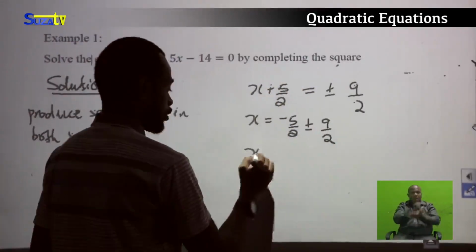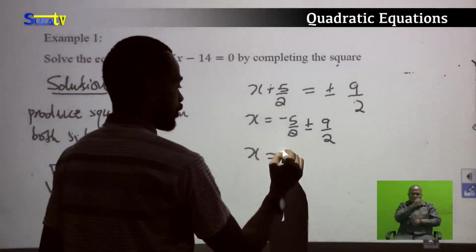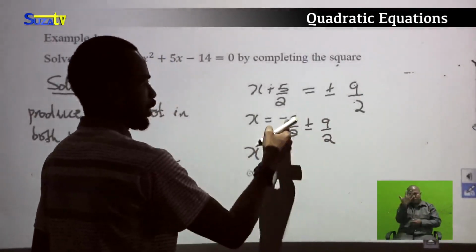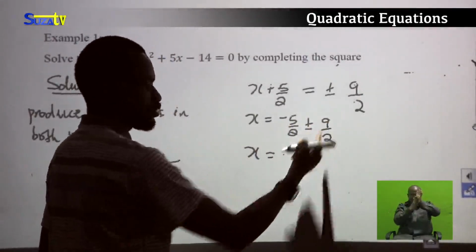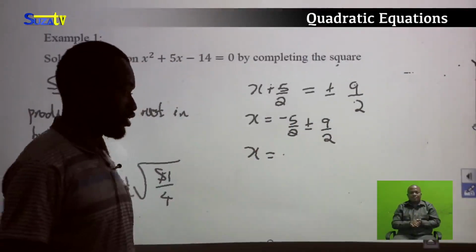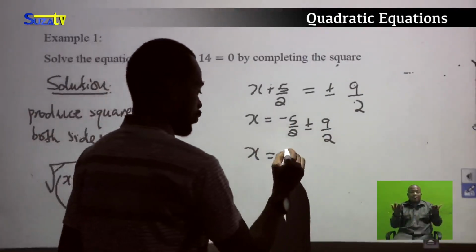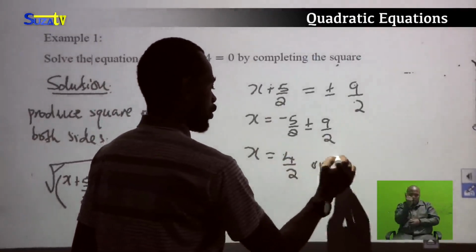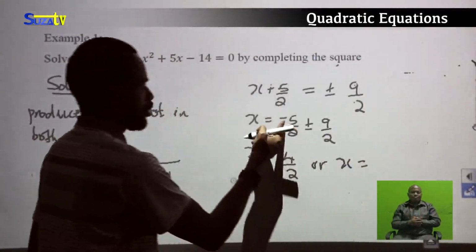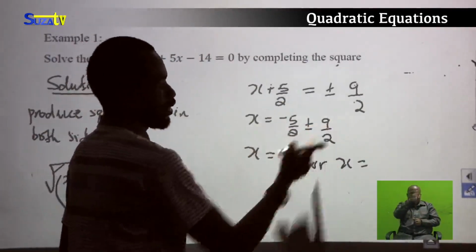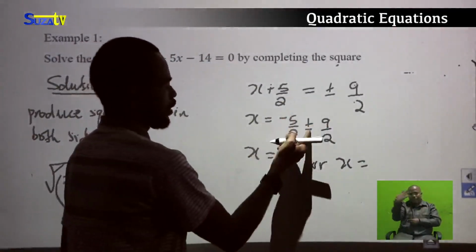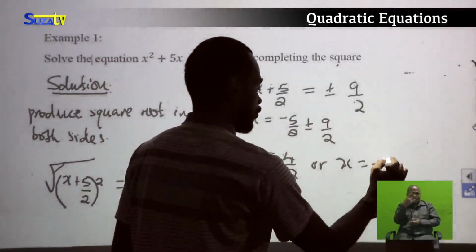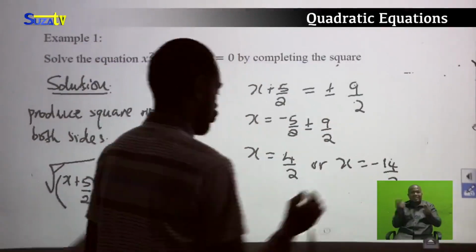Then x is equal to negative 5 plus 9. Negative 5 plus 9, how much? 4, yes, good. It will be 4 over 2, which is 2. Or x is equal to negative 5 minus 9, which is how much? Negative 14 over 2.